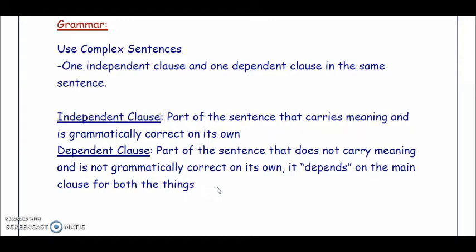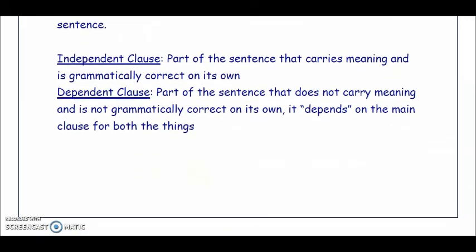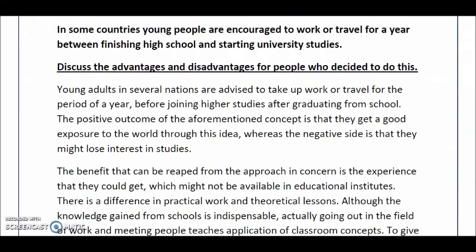So do not confuse clauses with phrases. Now let's go ahead and read the entire essay and look for complex sentences. I will be giving you a few examples today, so that would help you write complex sentences in your own essays and increase your grammar band.